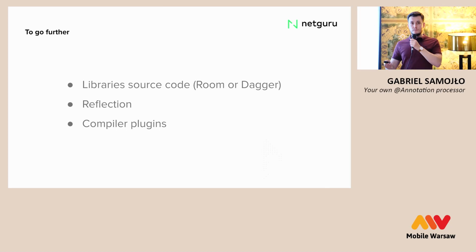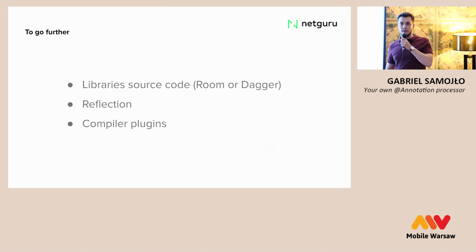But the most powerful things achieved by annotation processors are probably those two libraries: Room and Dagger. The core functionality of these libraries is based on annotation processors, and I really encourage you to take a look at the source code.